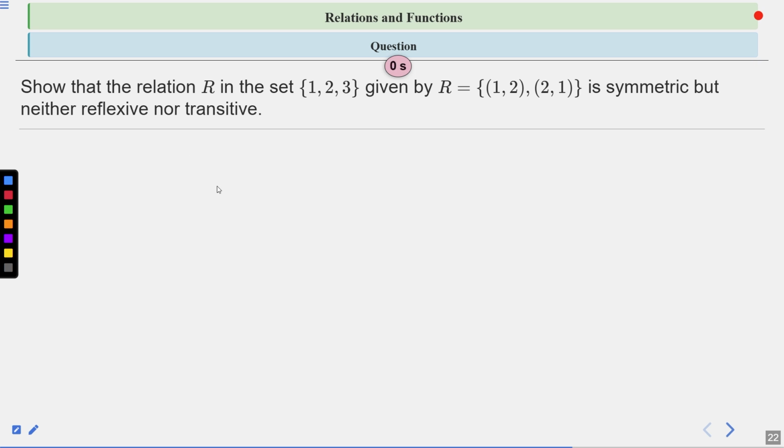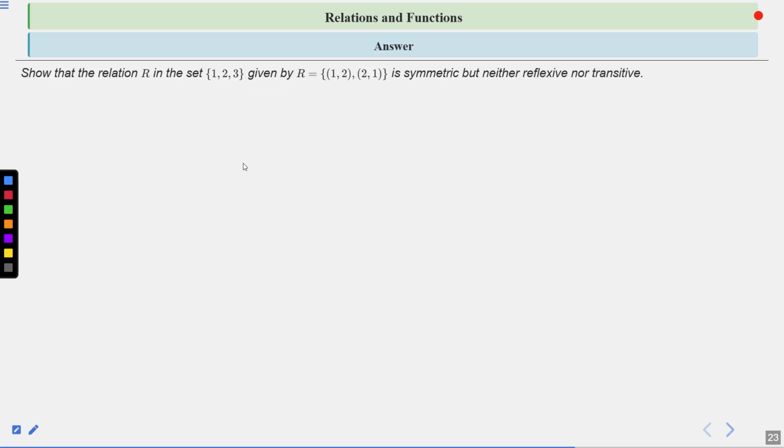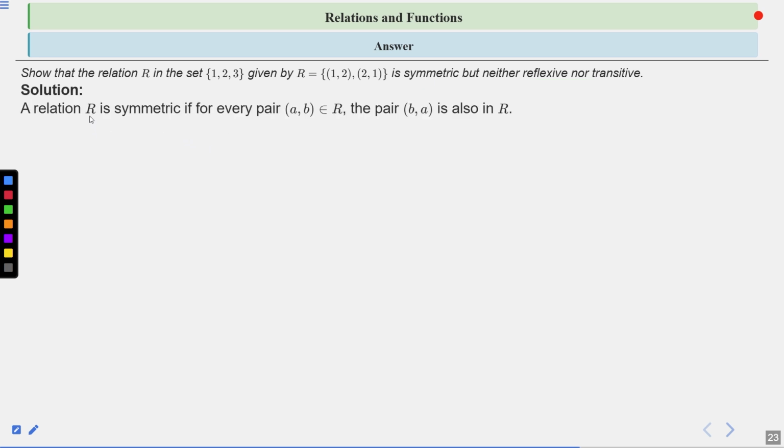The time is up. So in the question, we have to show the given R is symmetric but neither reflexive nor transitive. Solution. Relation R is symmetric when, if you pick any pair (A, B) from R, then (B, A) also belongs to R. We only have two pairs, so pick any.